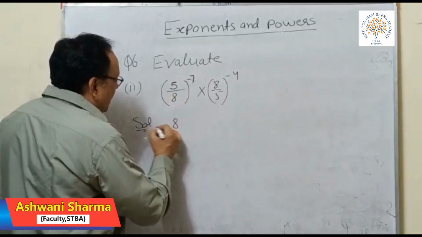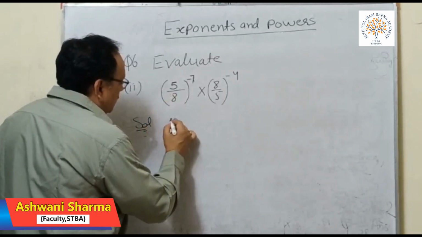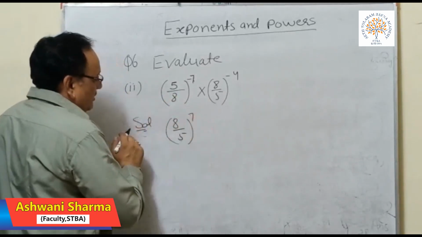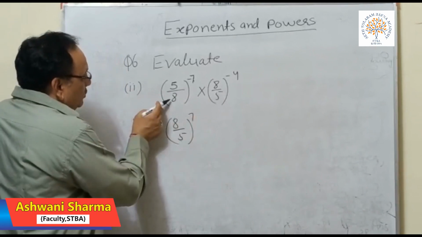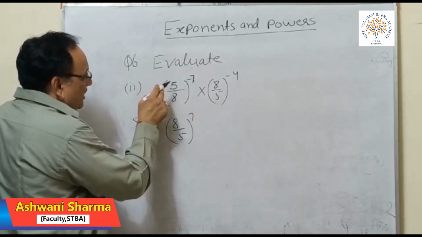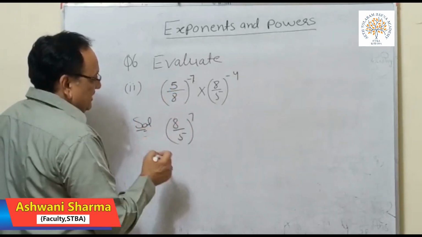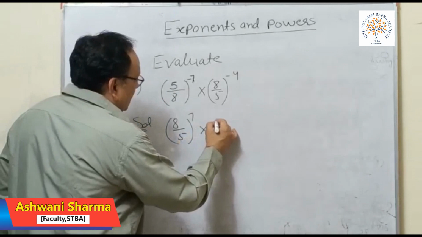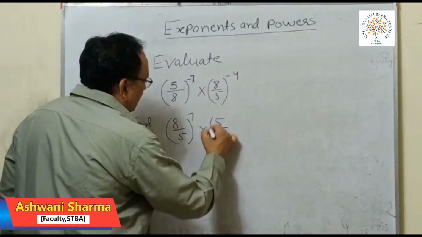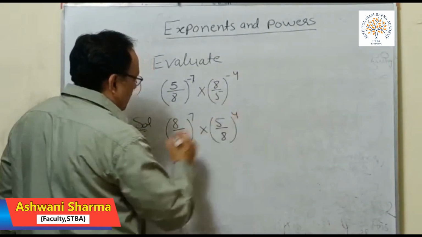We can write it as 8 upon 5 whole raised to the power 7. Here we change denominator into numerator and numerator into denominator. Then the sign of the power is changed, same here, 5 upon 8 raised to the power 4.